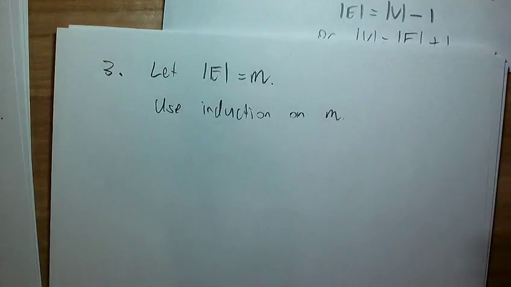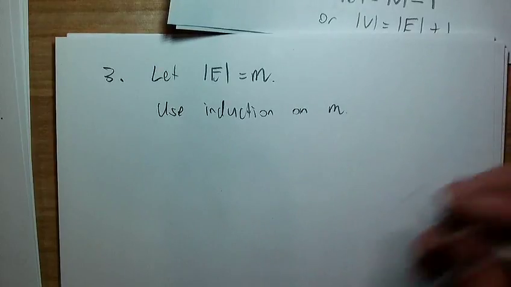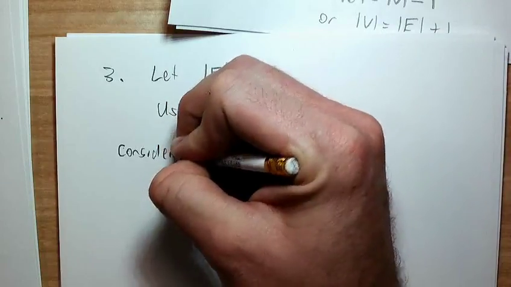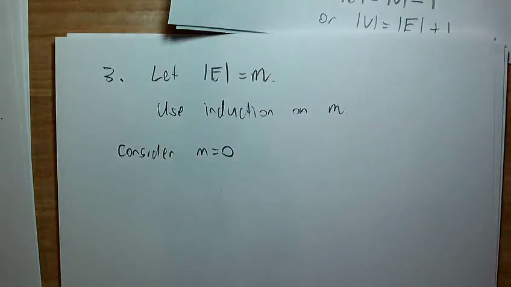Okay. So I'd start with m equals 0, that's how induction goes. And then I go, well, it doesn't have any edges, but being a tree, it's connected. And the only way to have no edges and be connected is to have exactly one vertex.